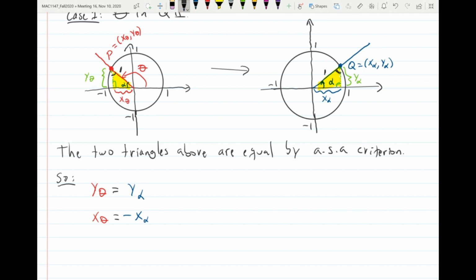So from here, what do we deduce? Well, in quadrant 2, the sine of theta, which is given by y theta, is the same as the sine of alpha, and the cosine of theta, which is given by x theta, is the same as minus cosine of alpha.